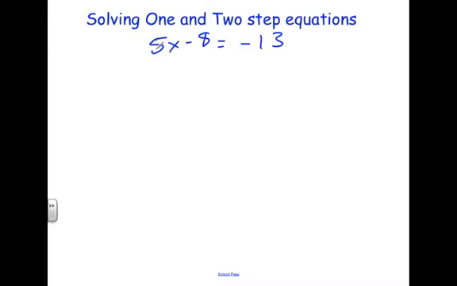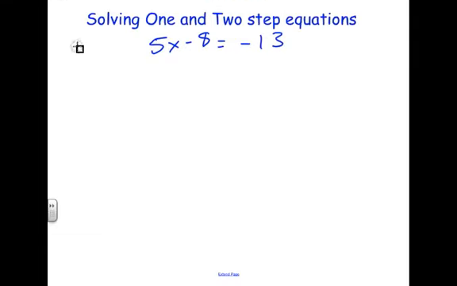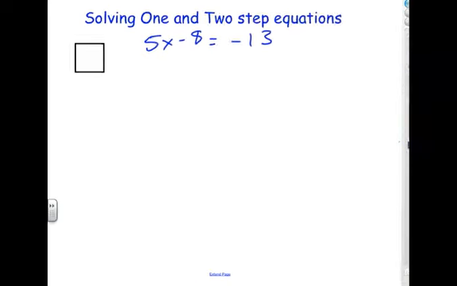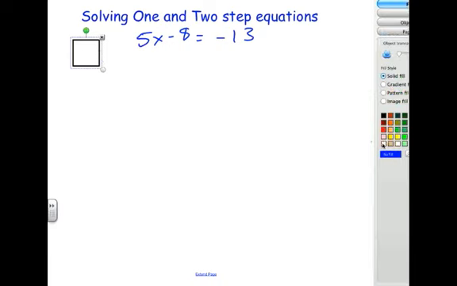With a two-step equation, the easiest way to think about it is this 5 right here. Just pretend this 5x to start is just x. So if we cover this up, let me pull out a little square here so I can get rid of the 5x there, and I'm going to modify that box so that we basically can't see it.